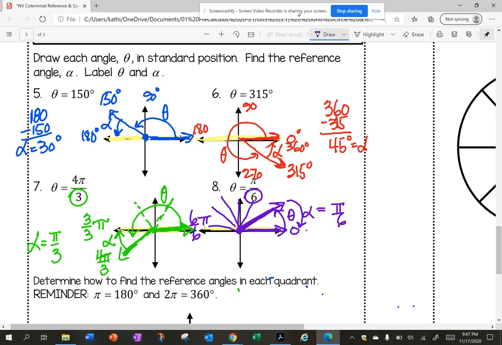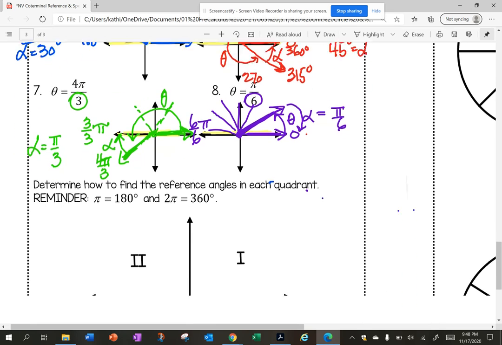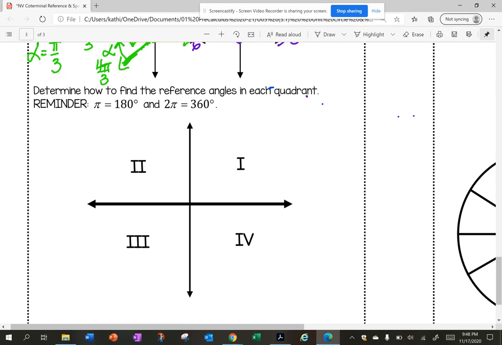Okay, so how do I define these? In general, how do I find these if I'm talking about degrees or radians? I'm just looking at my quadrants here.